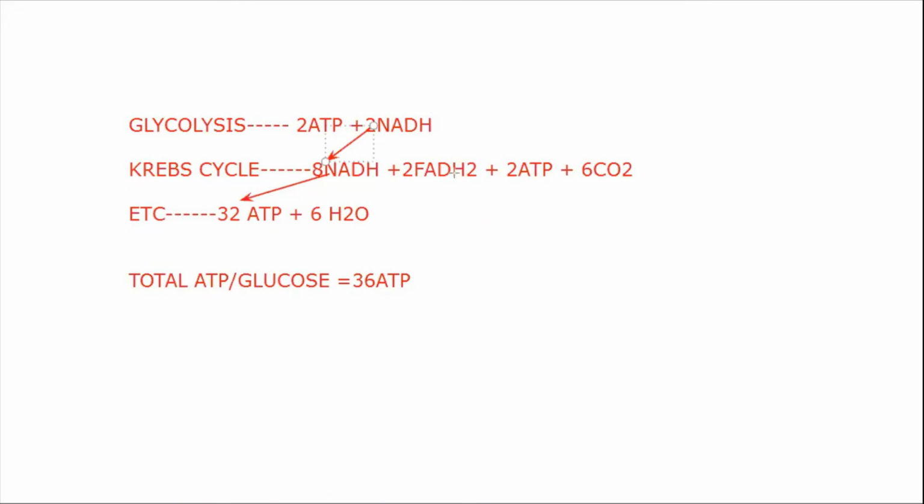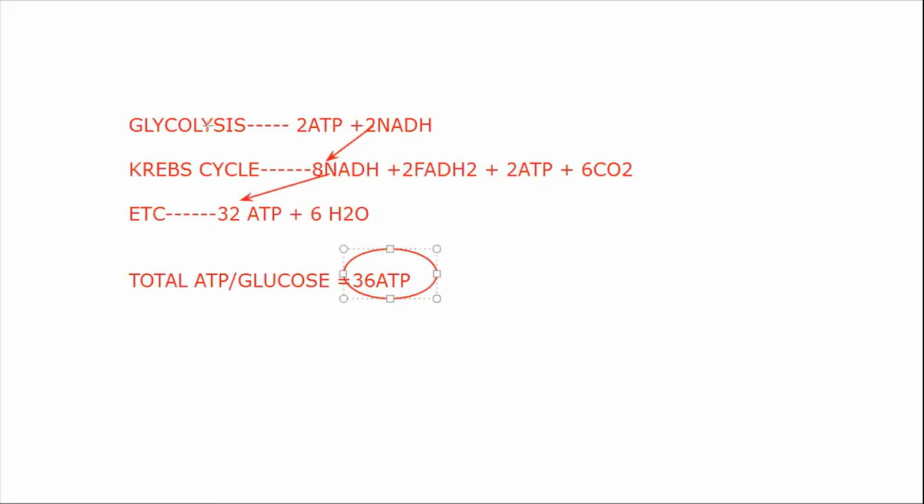FADH2 will release 2 ATP, so the total is 32 ATP simply from ETC. And we had 2 ATP from glycolysis and the other 2 ATP from Krebs cycle.